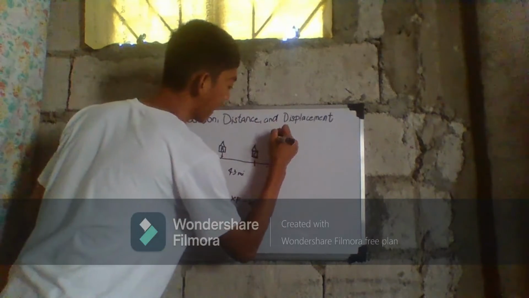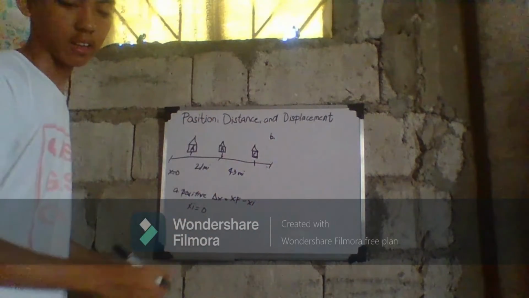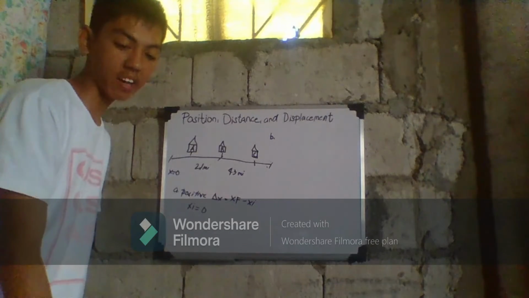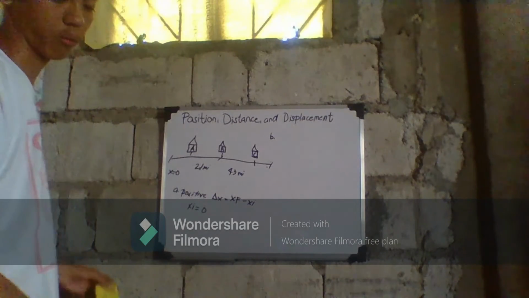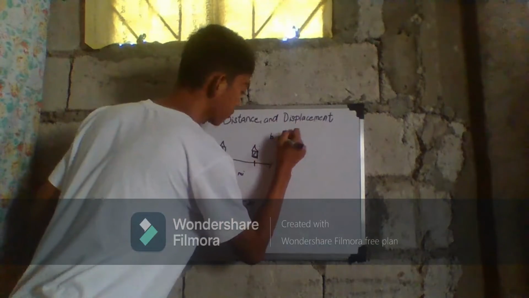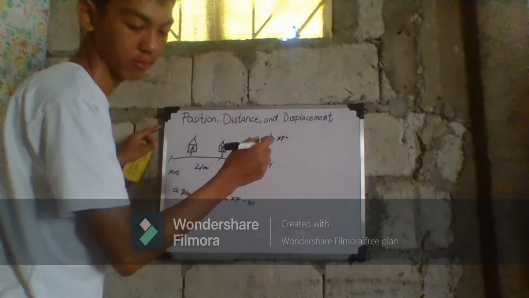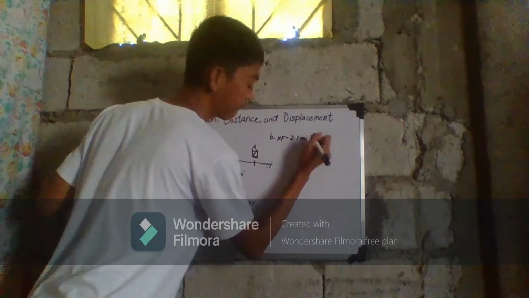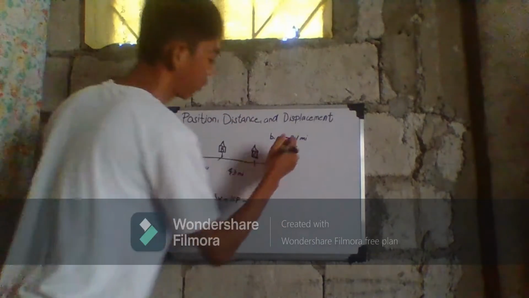For letter B, we are asked to find the displacement for this trip. So, x final is 2.1 miles.